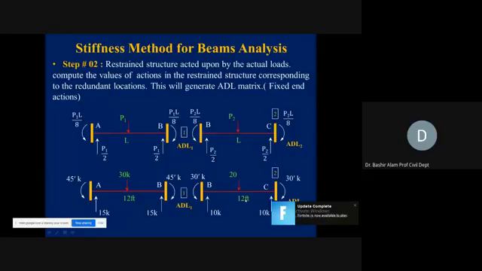Similarly for the BC span, P is becoming 20, L is again 12, and divided by 8, so 30. So here you see 30 and here also we see 30. So all these values are verified. Quickly now, you don't need to draw the top sketch.